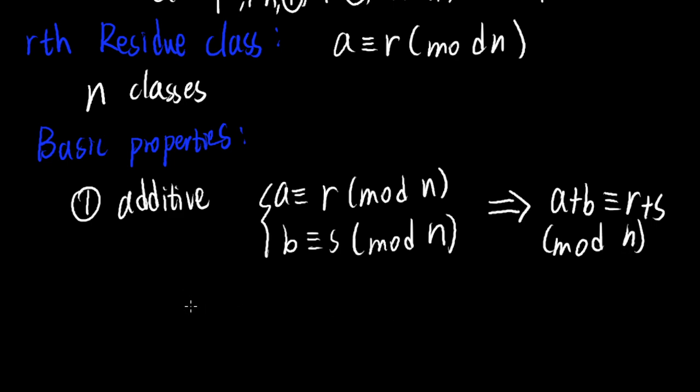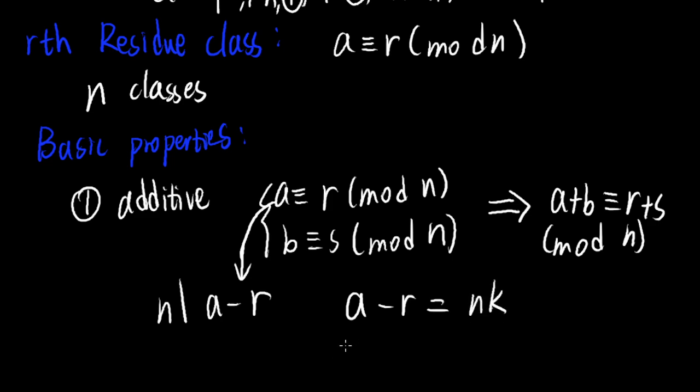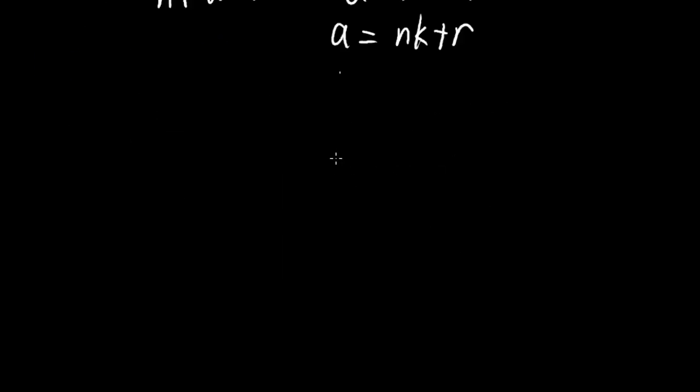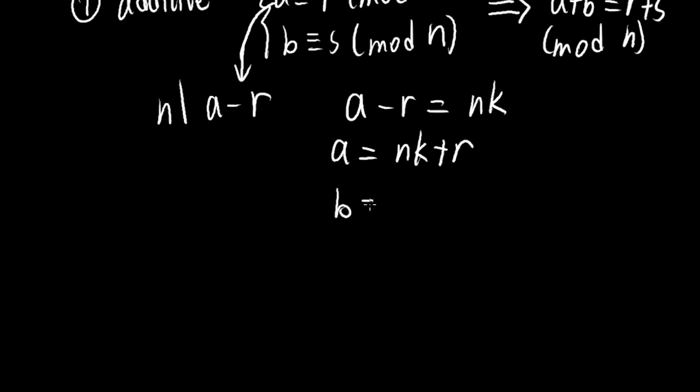And this is very easy to show because we can use the property of divisibility. This implies the divisibility, and as a result, we can write a minus r as nk, right? And a is nk plus r. And similarly, we can write b as nm plus s.